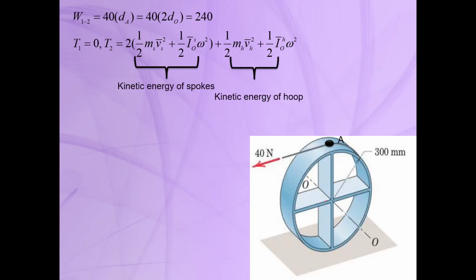Again, if you plot the free body diagram, we have the weight, we have 2 reactions here. Similar to the previous problem, the work done by the external force will be only due to this 40 Newton. We neglect the friction force and the normal force in the work done by the external force in this term.